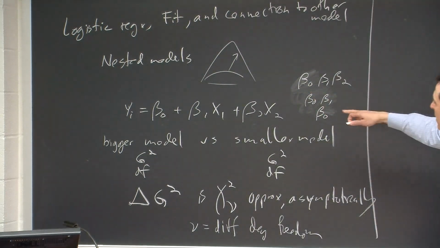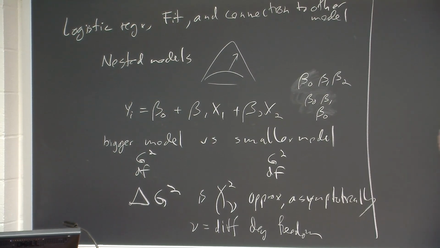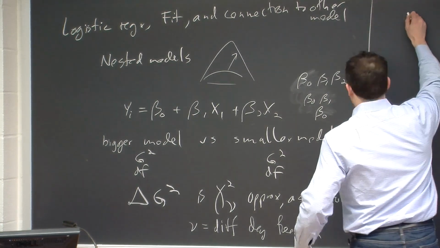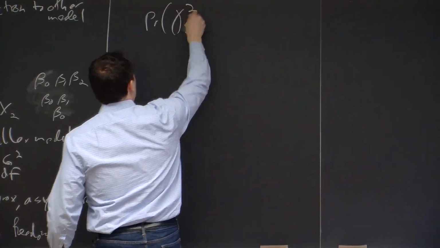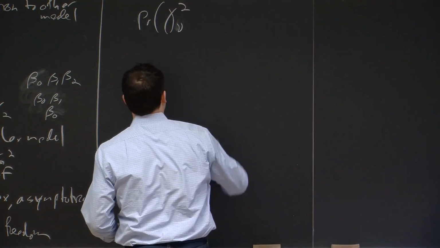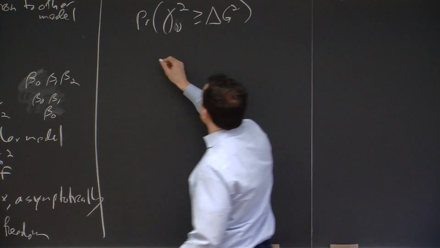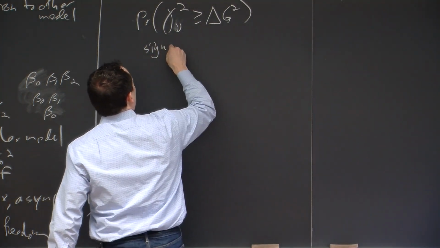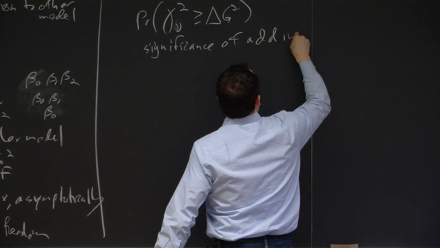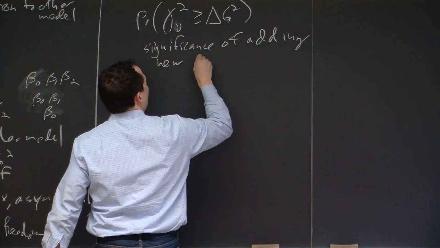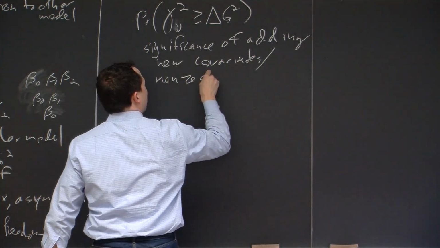It means that for any comparison we'd like to make of a smaller model inside of a bigger model, we can actually get a significance for it. The probability that a chi squared with the number of degrees of freedom we've calculated, as the difference in degrees of freedom of the models, is bigger than delta G squared gives me the significance of adding new covariates or non-zero coefficients.